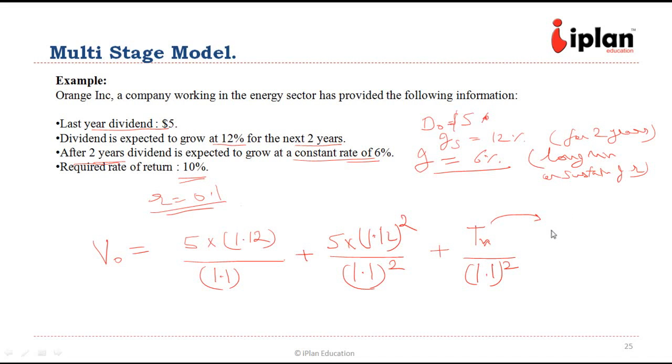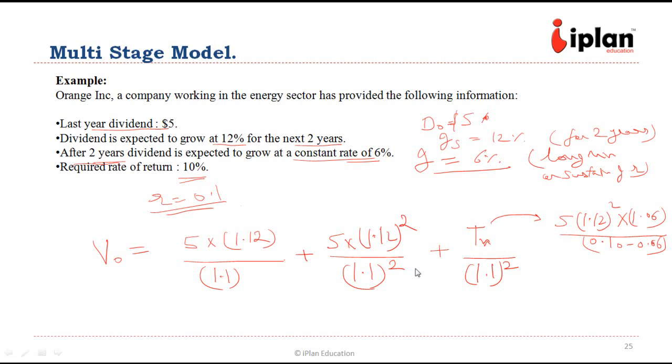So we can have D, which is 5 into 1.12 squared. Then we have next year's dividend, which is going to grow at 6%, so into 1.06. This is the long run or sustainable growth, 6%. Then we have to see R minus G. R is 0.1 and the long run growth rate is 0.06. So this is how we calculate the Tn, and then we can put that back.